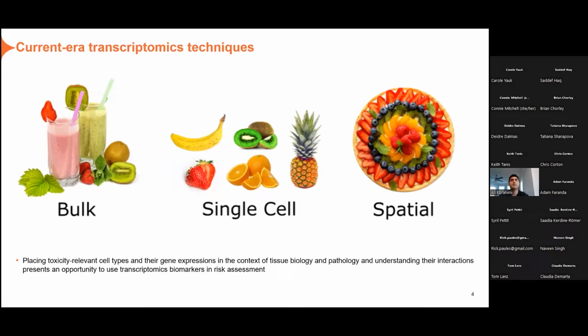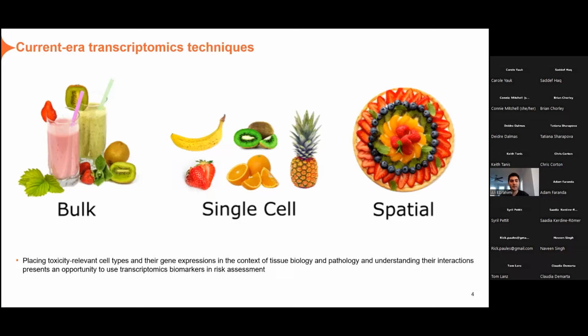But then single-cell RNA-seq technology became more popular, and I guess is now the most widely used in current days, where we try to link cell types to the gene expression.